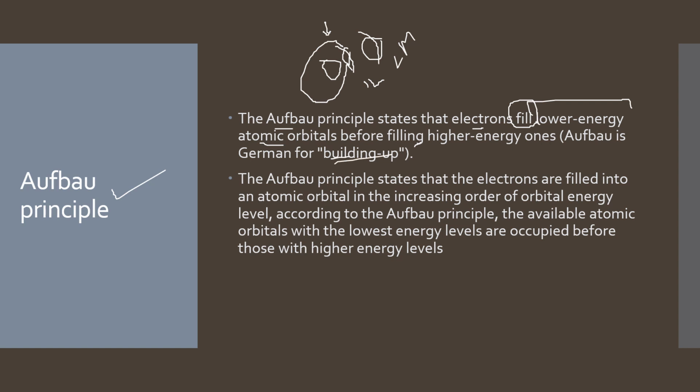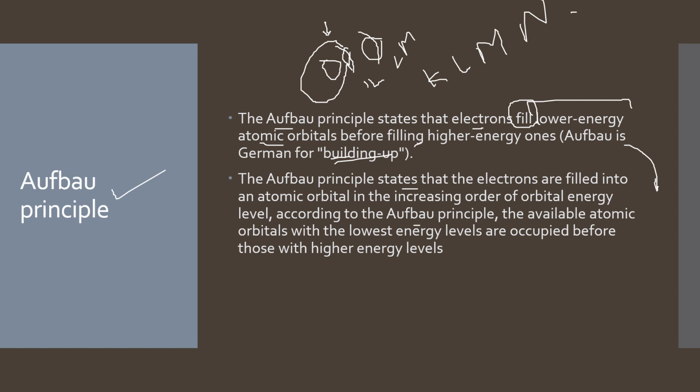Let me tell you the same thing in other words. The Aufbau principle states that electrons are filled into atomic orbitals in increasing order, like K, L, M, N, and so on.